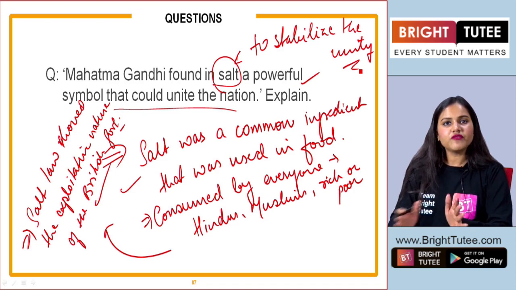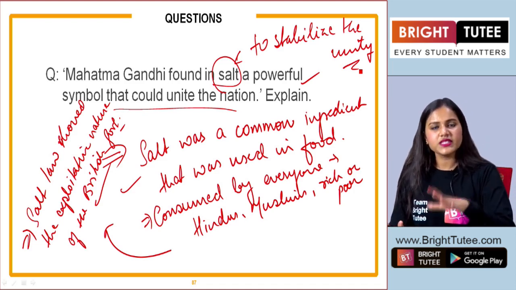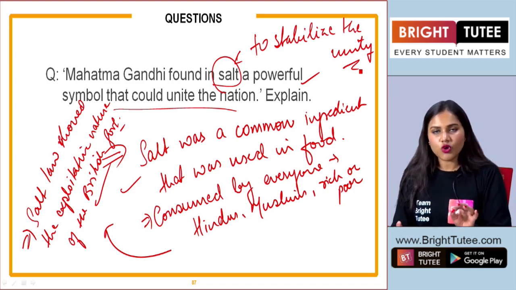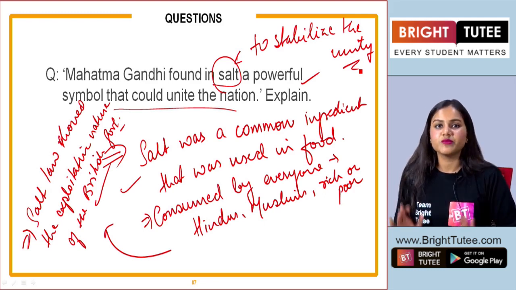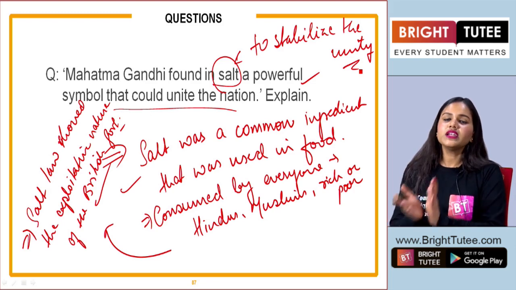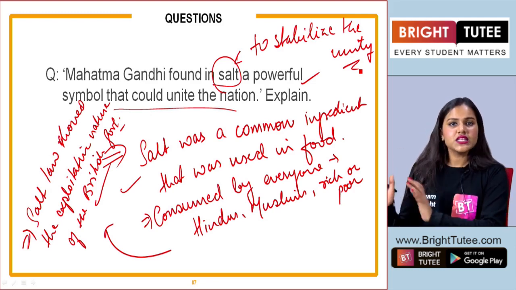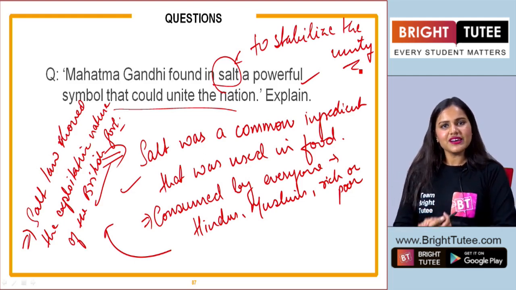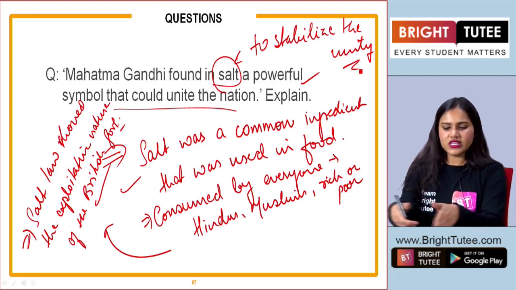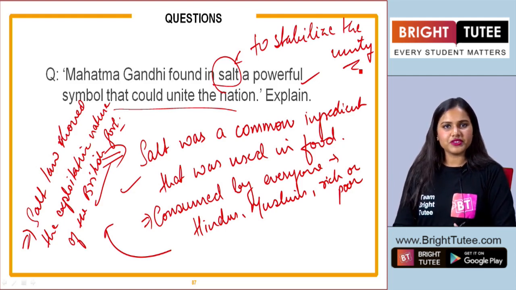So this is how you have to answer this question. And in the wake of this, he demanded the abolition of the salt tax from Viceroy Lord Irwin, who refused to fulfill his demands. And in the wake of that, he launched the famous Civil Disobedience Movement. Okay, so you have to frame your answer like this. Mention these keywords, the key points that I've talked about here.